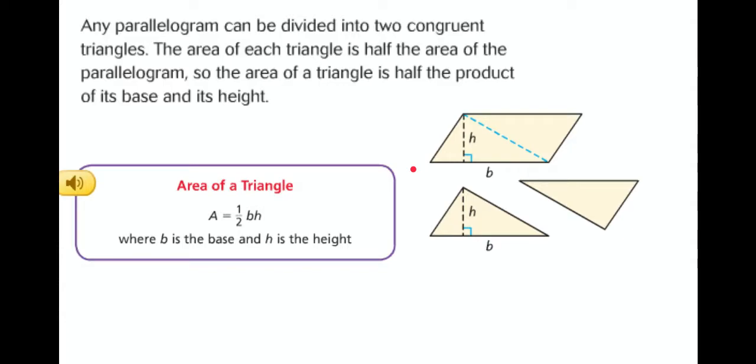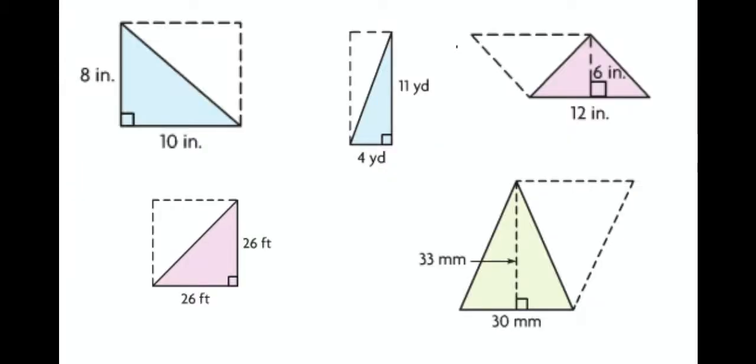And the half, I've got to be honest with you, is the thing that kids forget most often. We forget to multiply by 1/2. So hopefully this visual sticks in your brain. And here are a couple more visuals.